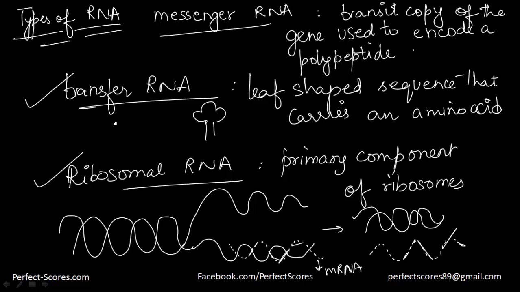So before going to translation, let us describe the genetic code, which is often expressed in terms of codons that are comprised of triplets of bases. So what is this genetic code?